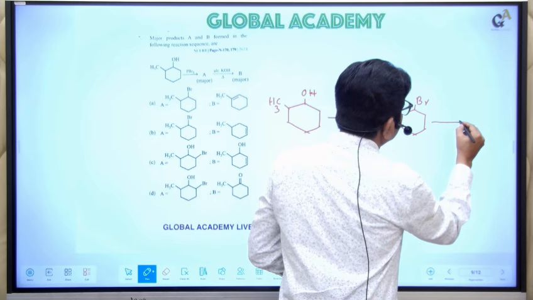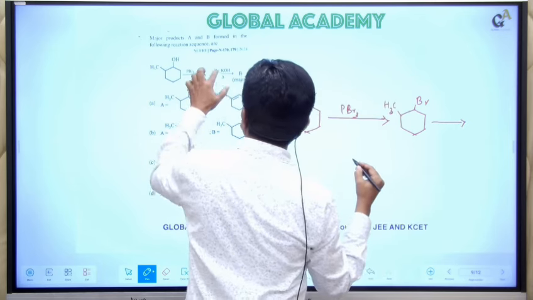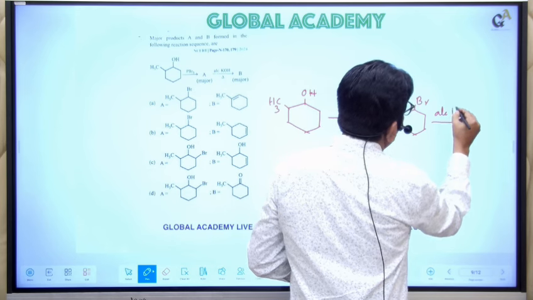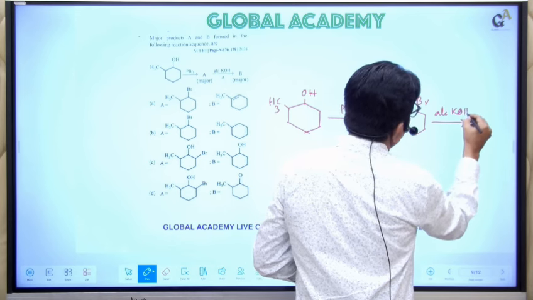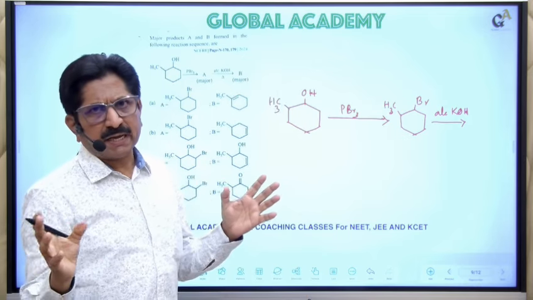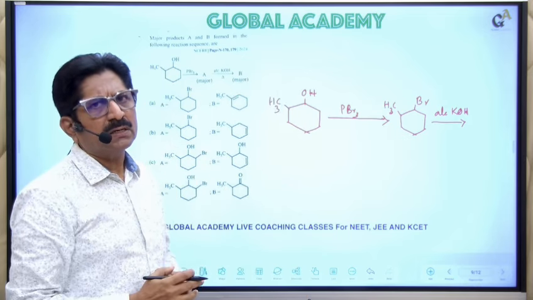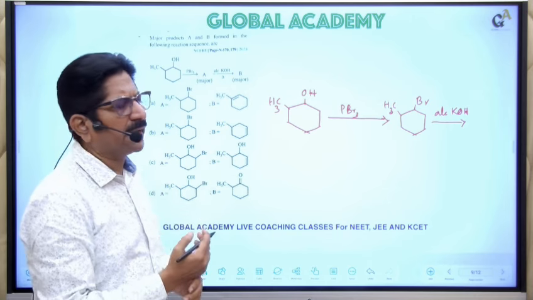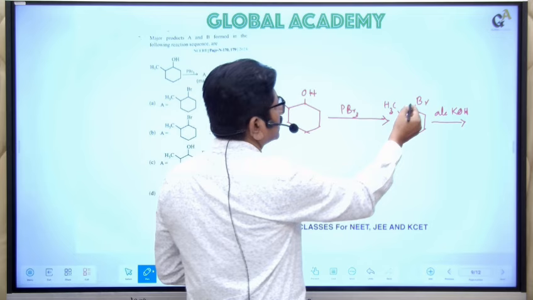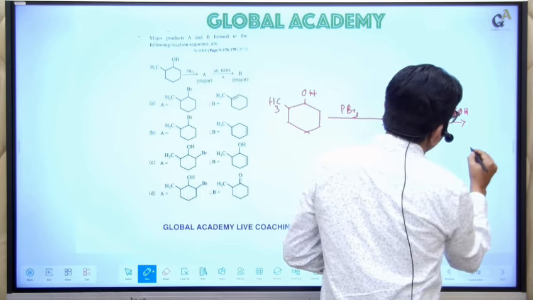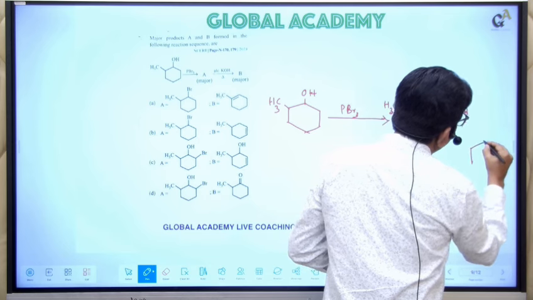And the second step here is alcoholic KOH. Alcoholic KOH eliminates the hydrogen as well as the halide group, and here the halide is the bromide, and hence you are getting this compound.